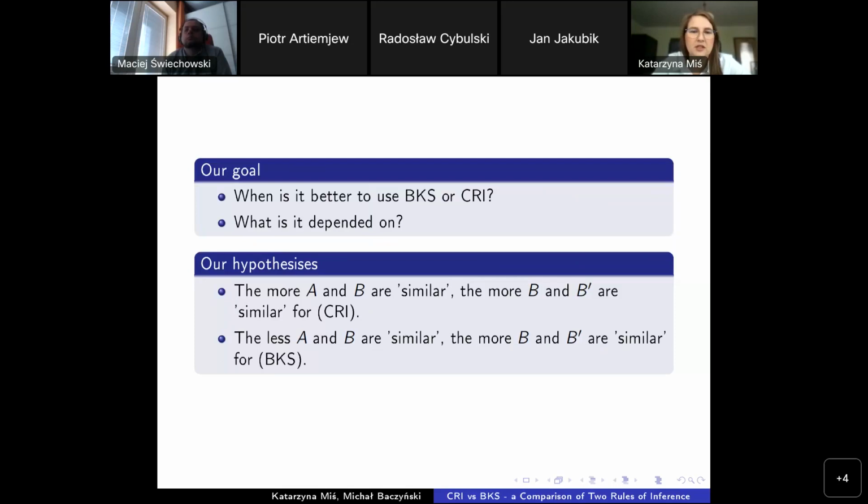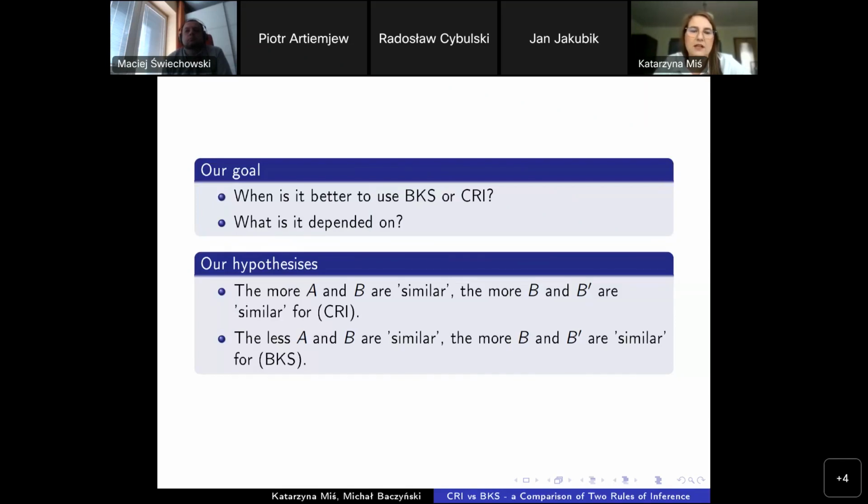And we have some hypotheses that we stated in the beginning, because we thought that if the sets A and B, which are from the fuzzy rule if then, if they are similar, whatever right now it could mean, then our sets B and our output B prime will be more similar for composition rule of inference.